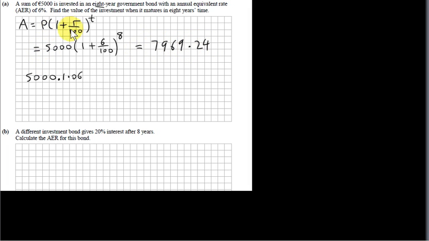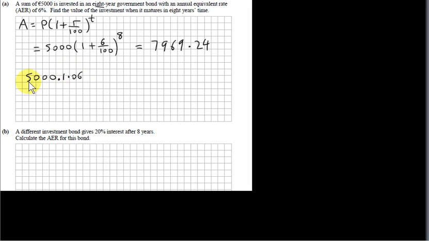By the way, just to remind you of how this formula works, if the money is invested for 1 year, it will grow to 6% more than what it was worth initially. So we need to increase 5,000 by 6%. To increase a number by 6%, you multiply it by 1.06. So that's after 1 year.